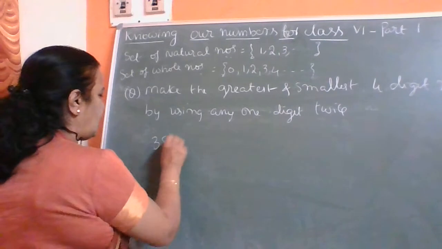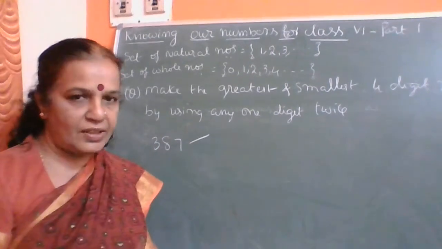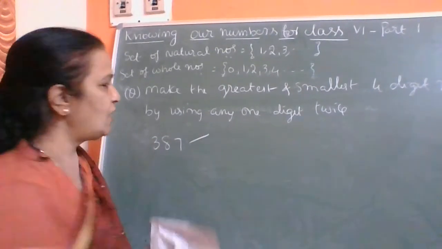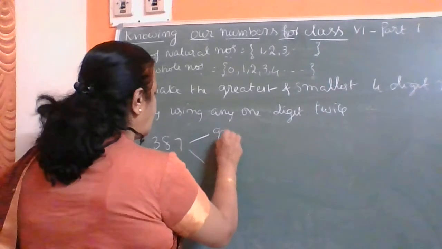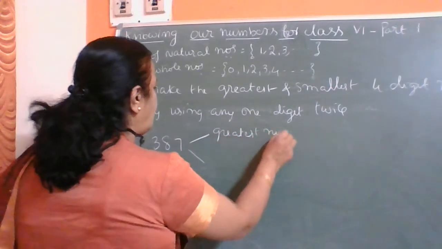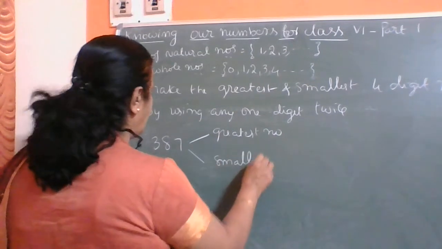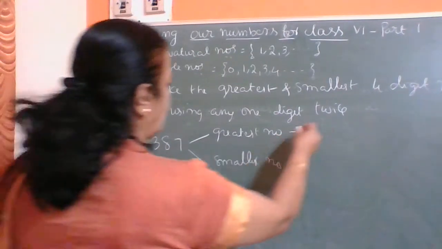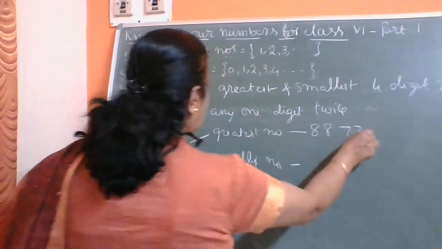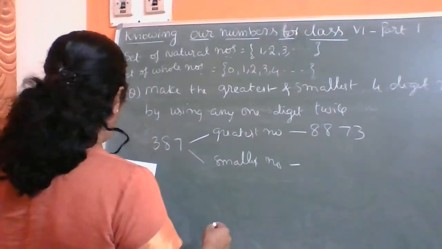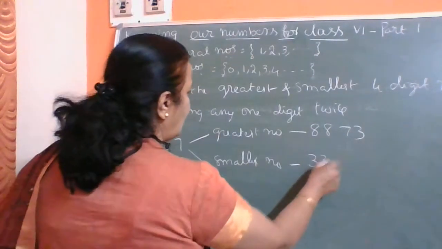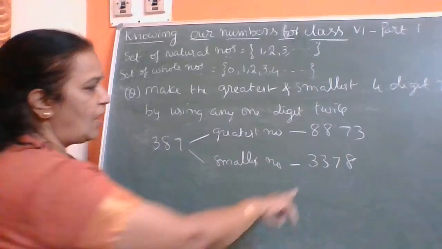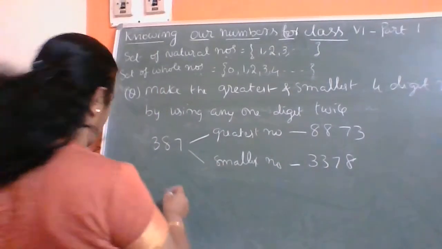And they have given a 3-digit number. From this 3-digit number, you have to make a 4-digit number, the smallest and the greatest. Here it is 873, and the greatest is 8873 and the smallest one is 3378. Only one digit should repeat. Here in the greatest number the greatest digit is repeating, and in the smallest number the smallest digit is repeating.